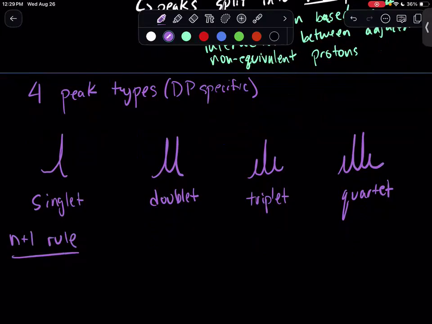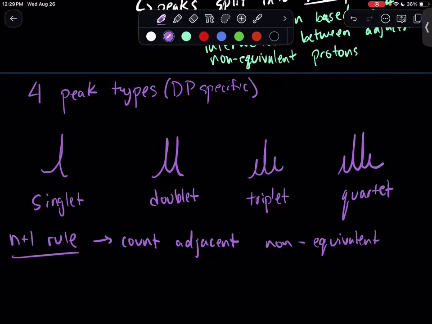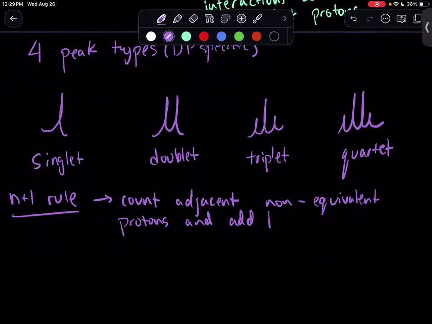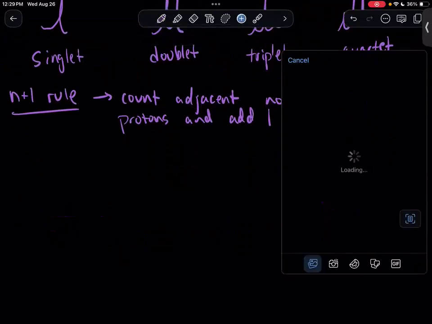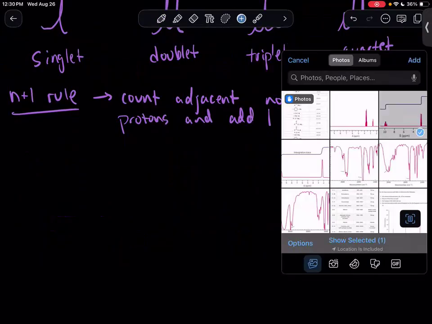So we have all our different rules, but the n+1 rule basically states that we just count adjacent non-equivalent protons and add 1. So very simply, let's go ahead and look at a compound.